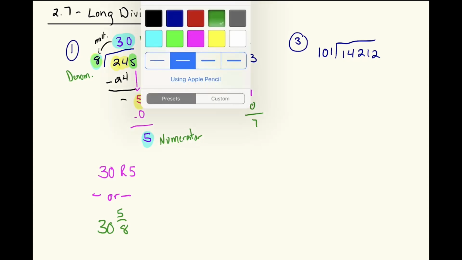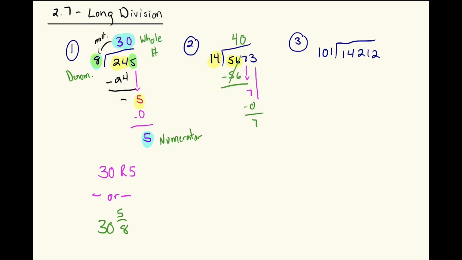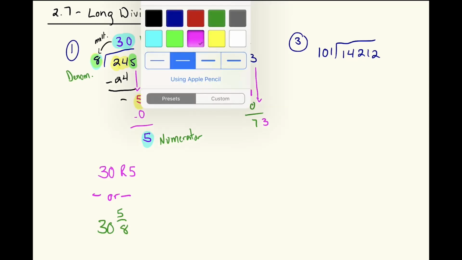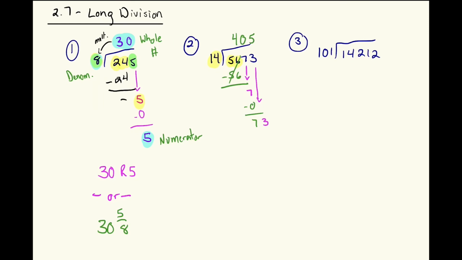And now we can bring down the 3. So now the question is how many times can 14 go into 73? It looks like 14 can go into 73 5 times. And we know that 14 times 5 is 70. So we subtract, get the 3.